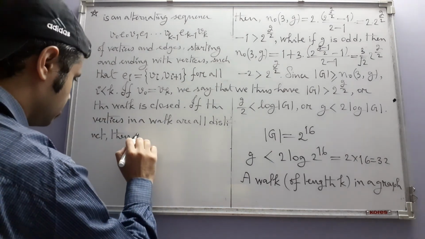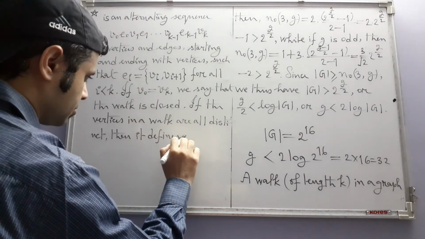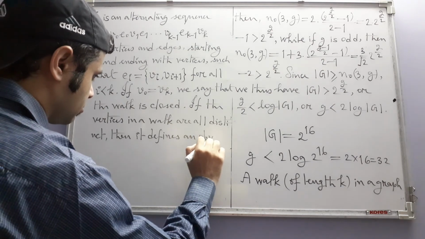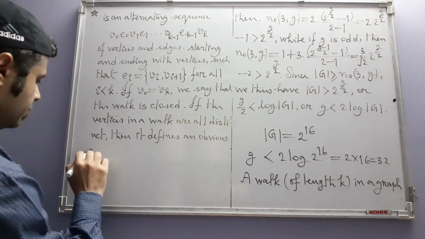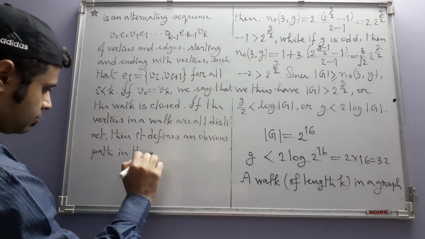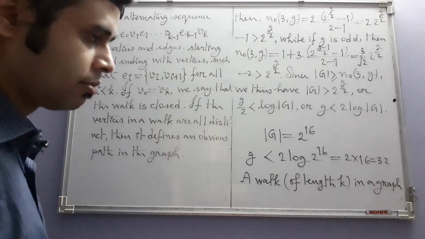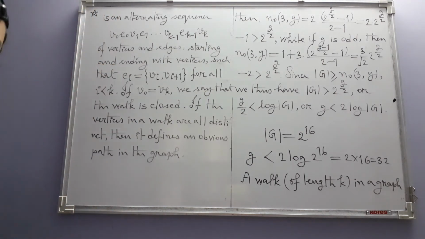Then it defines an obvious path in the graph. Okay, by the way, how is a walk different from a path?